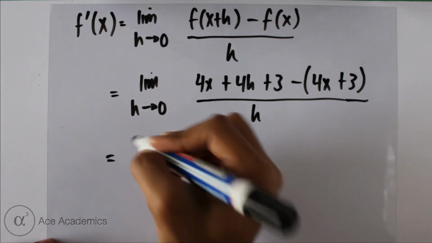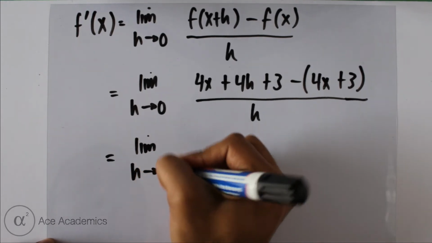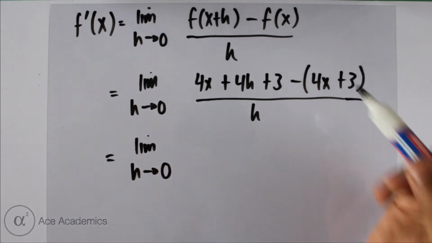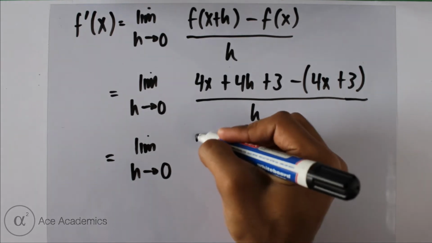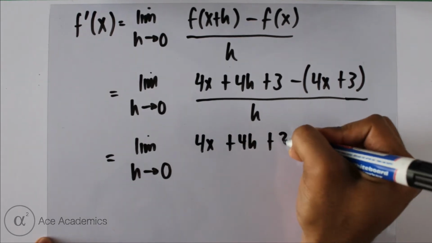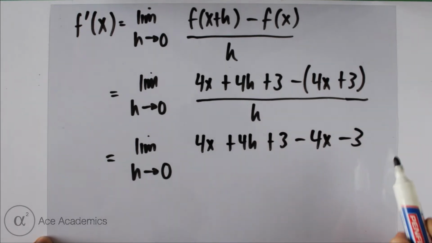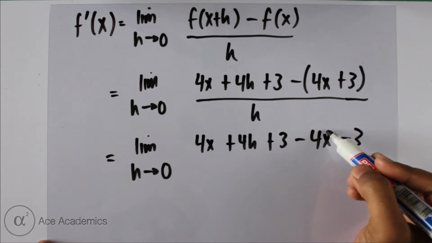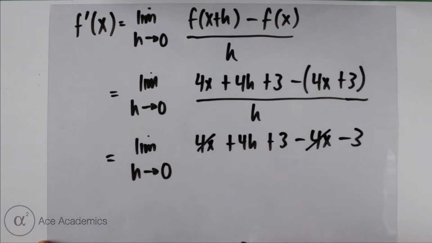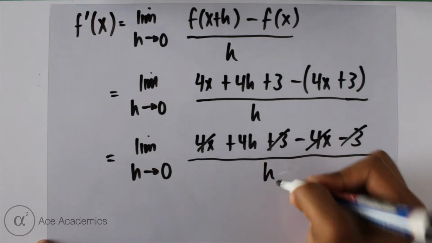Now if we just distribute the minus sign in, we have the limit as h tends to 0. Once we distribute the minus sign in, it's 4x plus 4h plus 3 minus 4x minus 3. We can see that the minus 4x will cancel out with the 4x, and the positive 3 cancels out with the negative 3. And this is all divided by h.